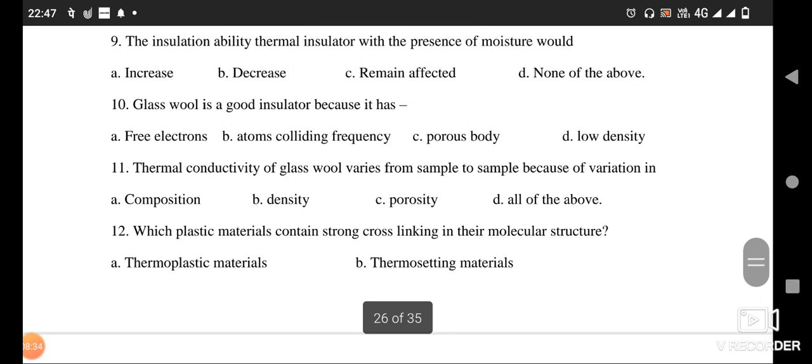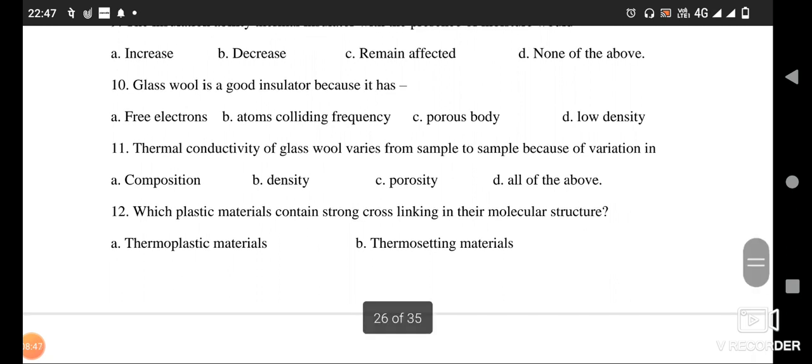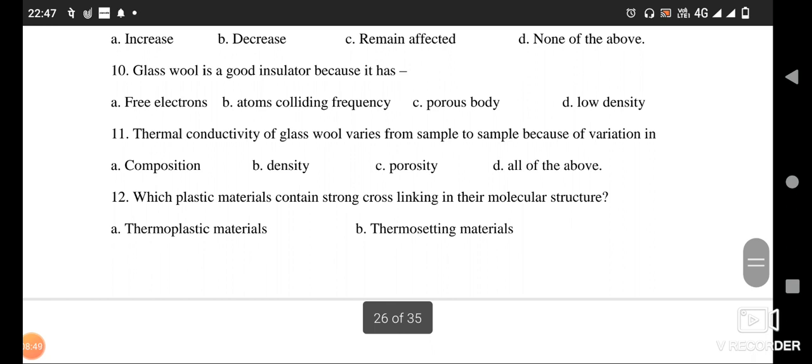Then after that, MCQ number 10: glass wool is a good insulator because it has A, free electrons, B, atoms colliding frequency, C, porous body, and D, low density. So glass wool, we know that it is made up of filaments of glass which are intermingled with each other, hot filaments of glass.